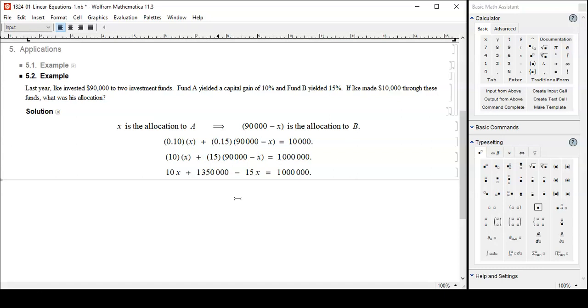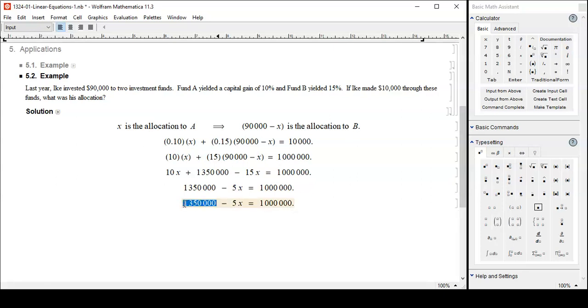Okay, let's take like terms together. 10x minus 5x. So let's copy and paste this thing. 10x minus 5x, so minus 5x. Okay, one more step.